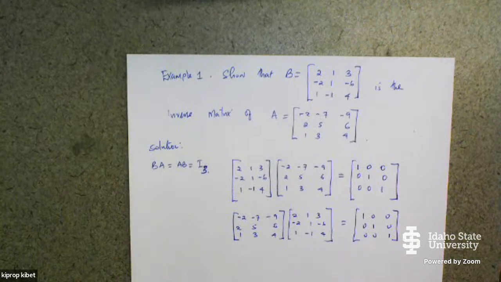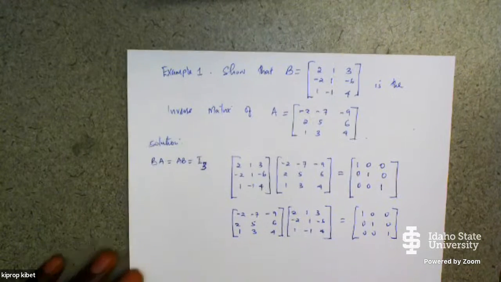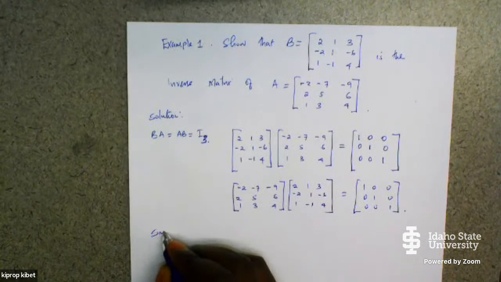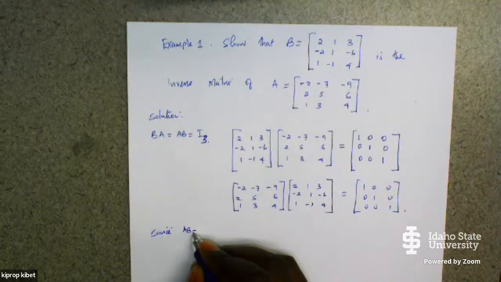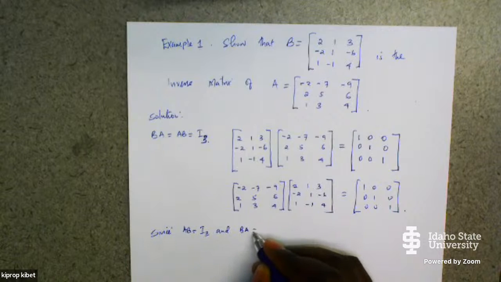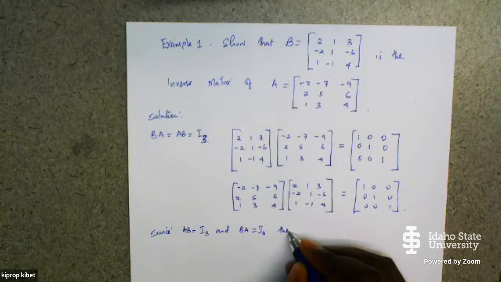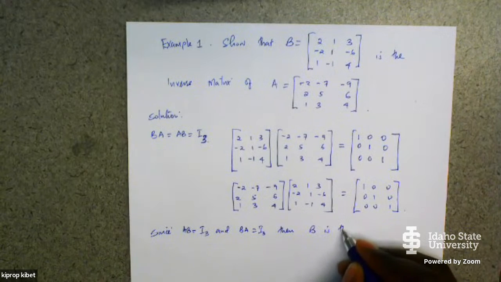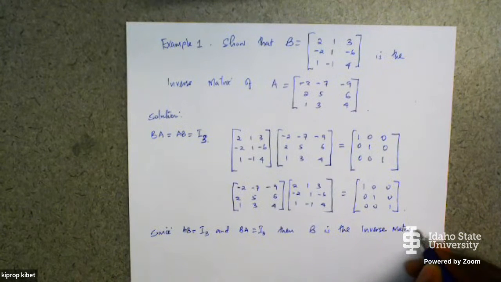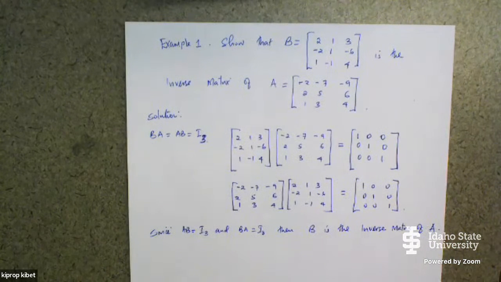So it shows that B is the inverse of the matrix A. Now, since AB equals I3 and BA equals I3 also, then B is the inverse matrix of A.